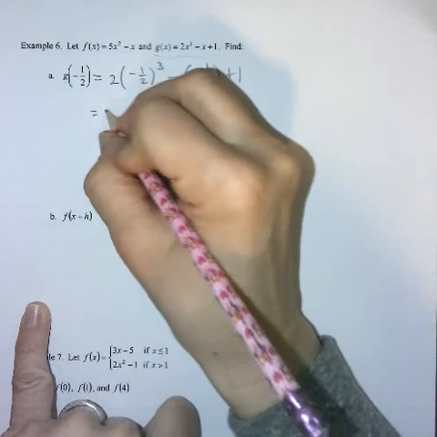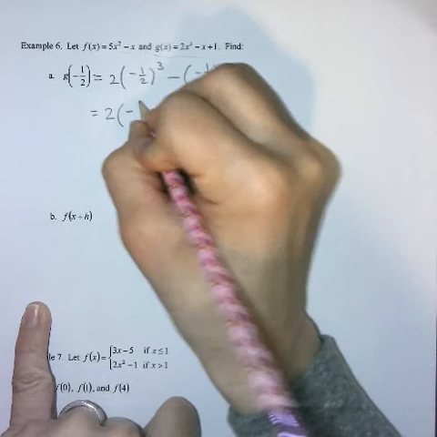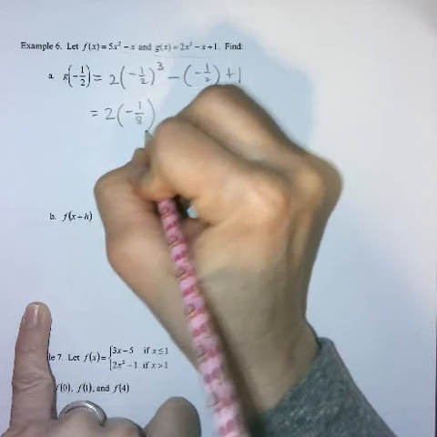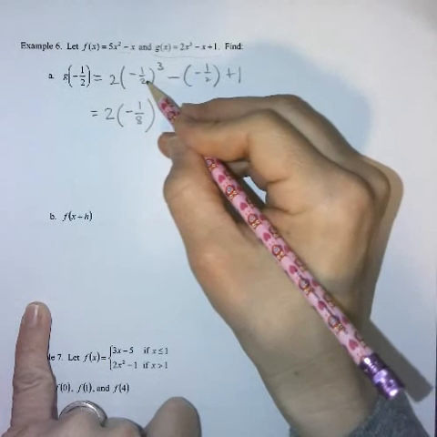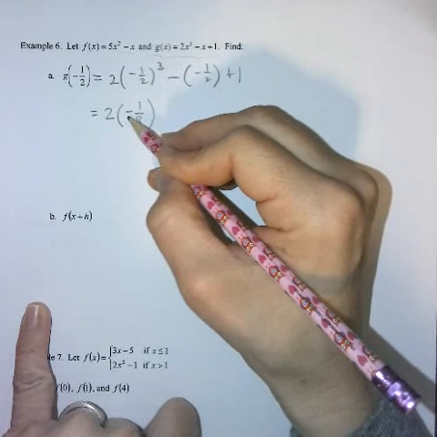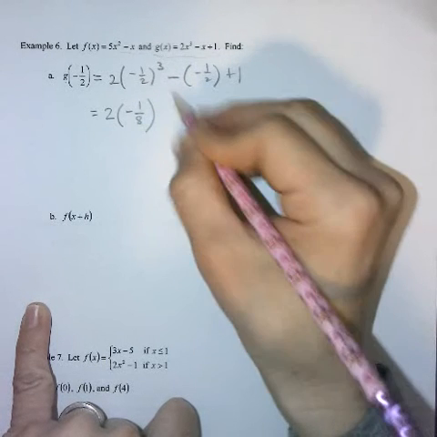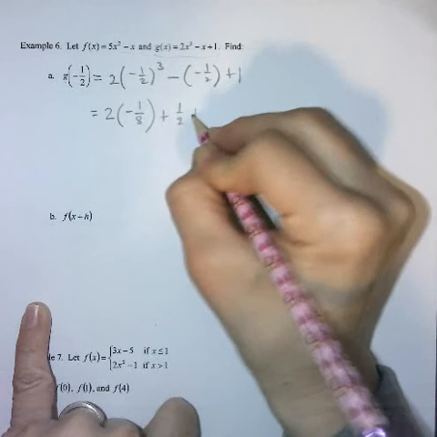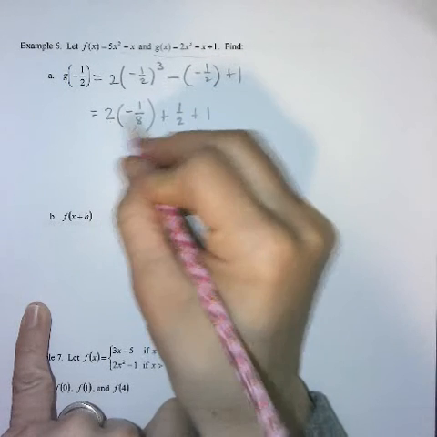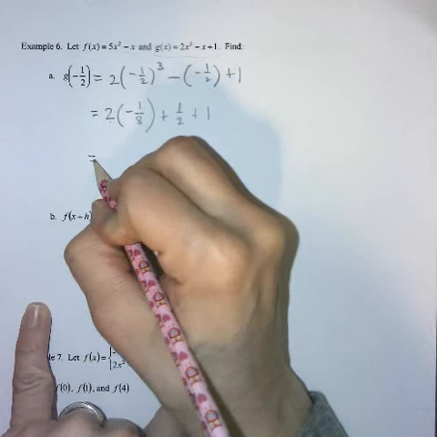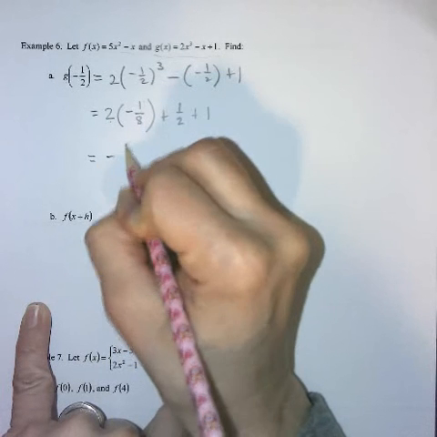So 2 times negative 1/8, you take negative 1/2 times itself 3 times, you'll get a negative 1/8, plus 1/2 plus 1. 2 times negative 1/8 is negative 2/8, and negative 2/8 reduces to negative 1/4.